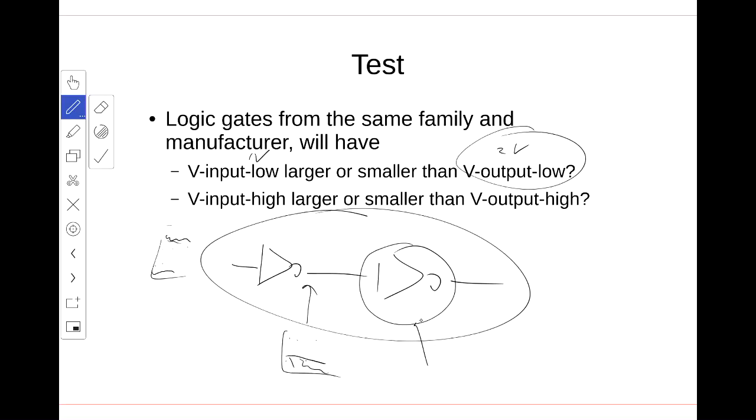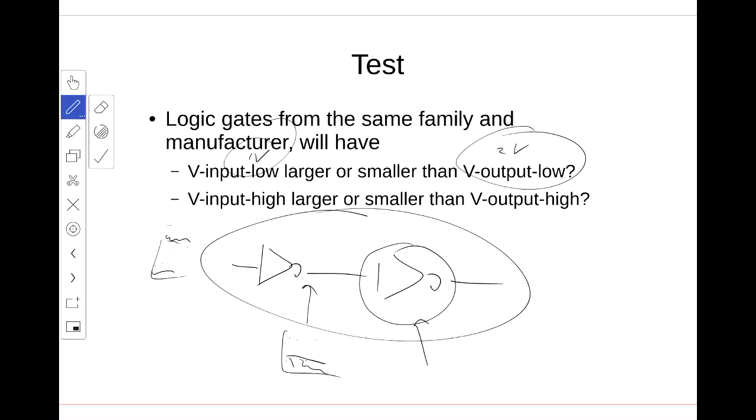If this logic gate requires that a 0 is less than 1 volt though, then this design is not going to work, because the chip here only promises me an output between 0 and 2, and this one requires an output less than 1.